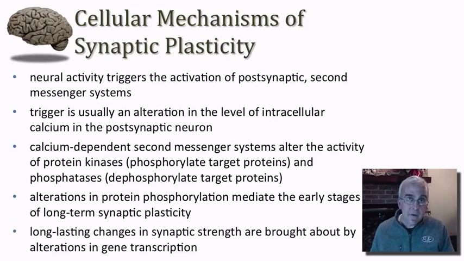Long-term synaptic change, however, requires alterations in gene transcription. So this is the general scenario by which plasticity plays out, typically in a calcium-dependent manner. And the key difference between one valence of plasticity, if you will, or another, is the level of intracellular calcium that's triggered by the synaptic activity.